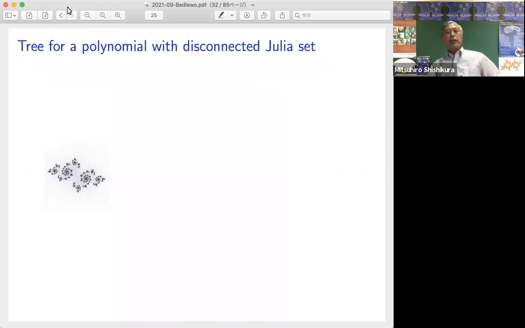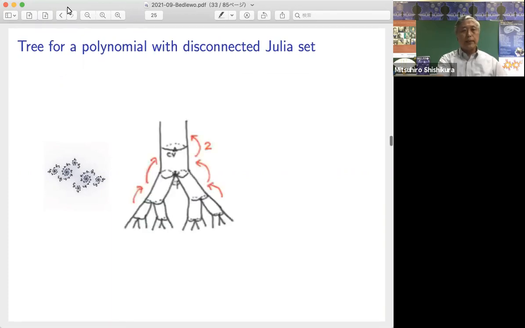Well, this idea can be applied to other possibilities. One possibility is the initial example, the polynomial with a disconnected Julia set. So if you take the basin of infinity using the Green's function or the absolute value of the Böttcher coordinate, you can describe the basin of infinity like this.